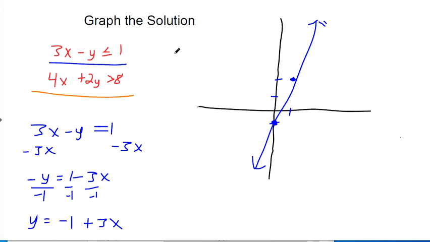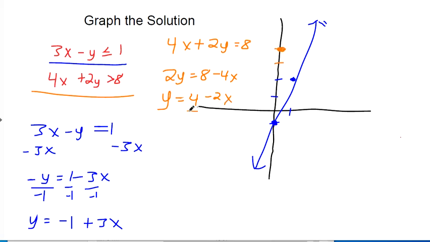So we get 4x plus 2y equals 8. Let's put that in slope-intercept form. So subtract 4x from both sides. Divide everything by 2. And so our starting dot is at 4 on the y-axis, because that's the y-intercept, the number hanging out by itself.